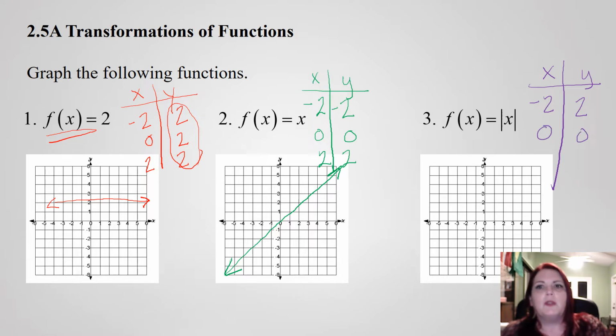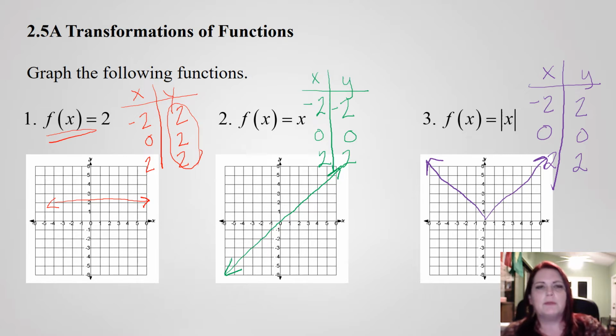And the absolute value of 2 is 2. This actually does have a point. I'll draw it again. There we go. And it looks like a V.